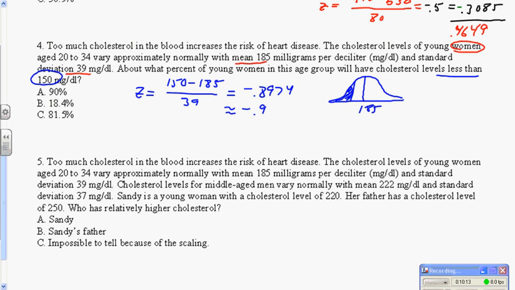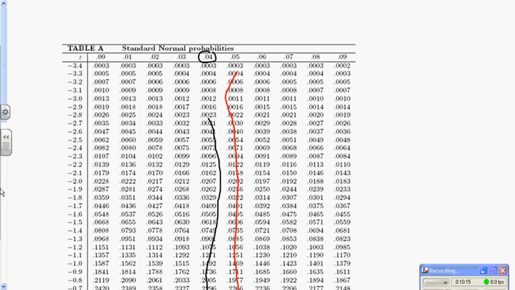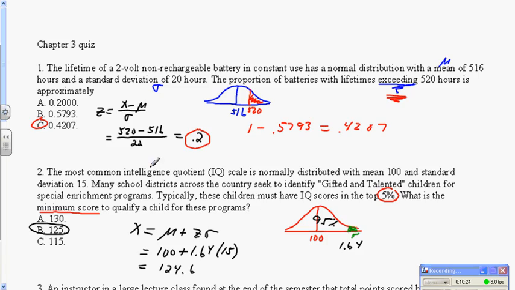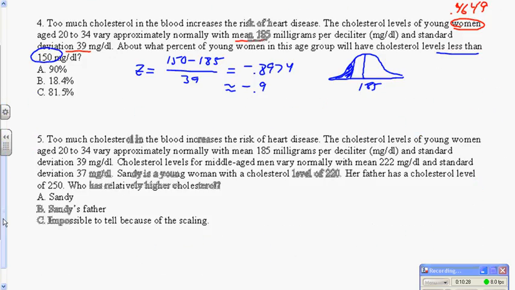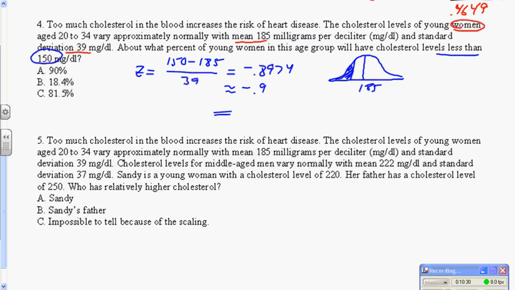Negative 0.9 is right here, which is 0.1841, which is about 18%, B.